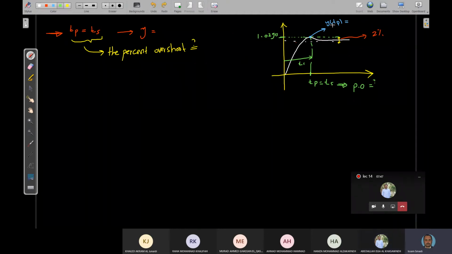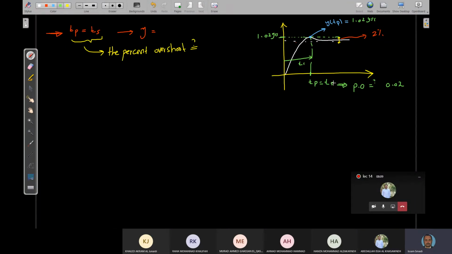So this point actually is 1.02 from Y steady state, correct? So this means that the percent overshoot is 0.02, or the 2%, correct? Yes.